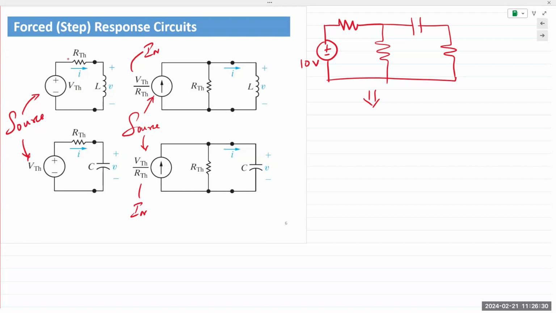Because if you have a circuit, even a simple circuit like this, that has a 10-volt source and 2 or 3 resistors, that 10 volts is not directly applied to that capacitor. We have to determine the Thevenin equivalent circuit as seen by the capacitor.